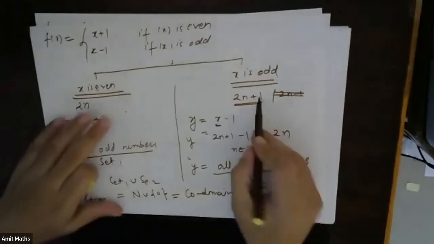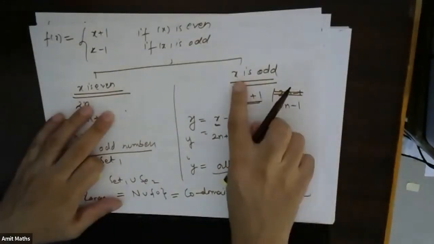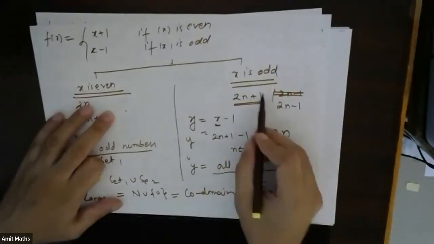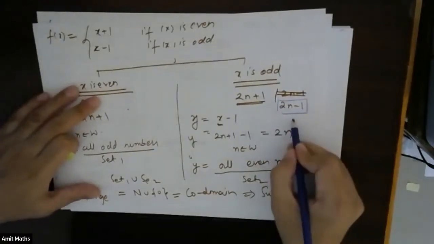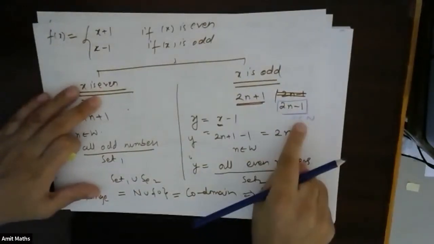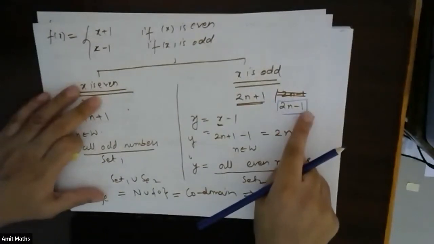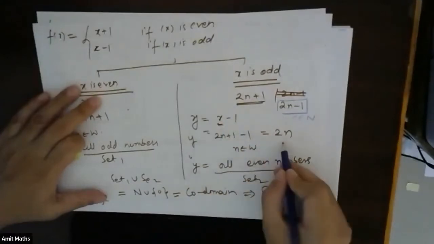In this case, if instead of 2n plus 1 I am taking 2n minus 1 and x is odd, then n has to be a natural number, because n equals 1 will give 1, n equals 2 will give 3, and so on.